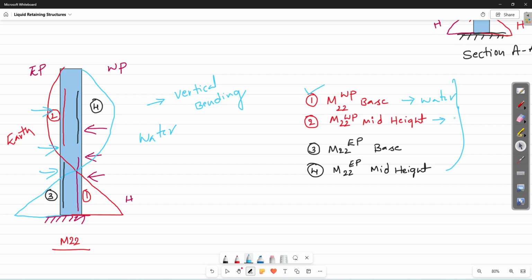So next, steel number 3, it is provided on earth phase. Next, steel number 4, it is provided on water phase.